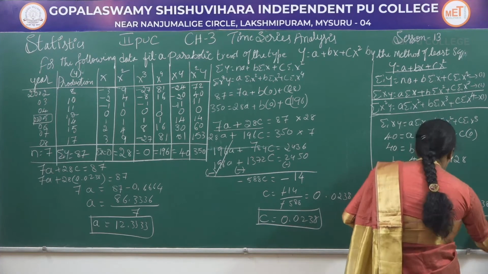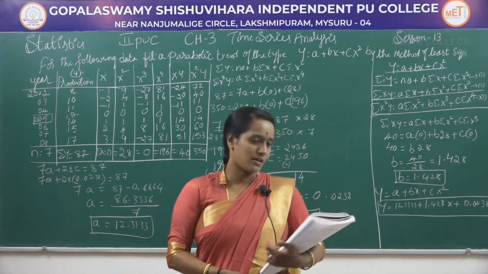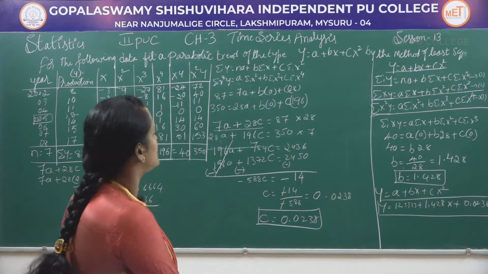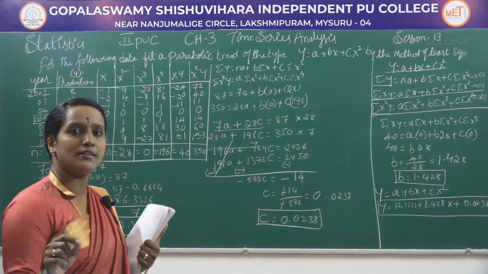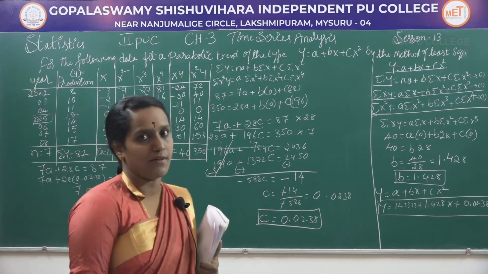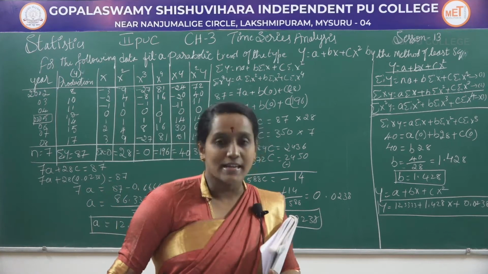This is your parabolic equation. At last you have to substitute all the constant values and write the parabolic equation. In examination, you will get this type of problem for 10 marks.